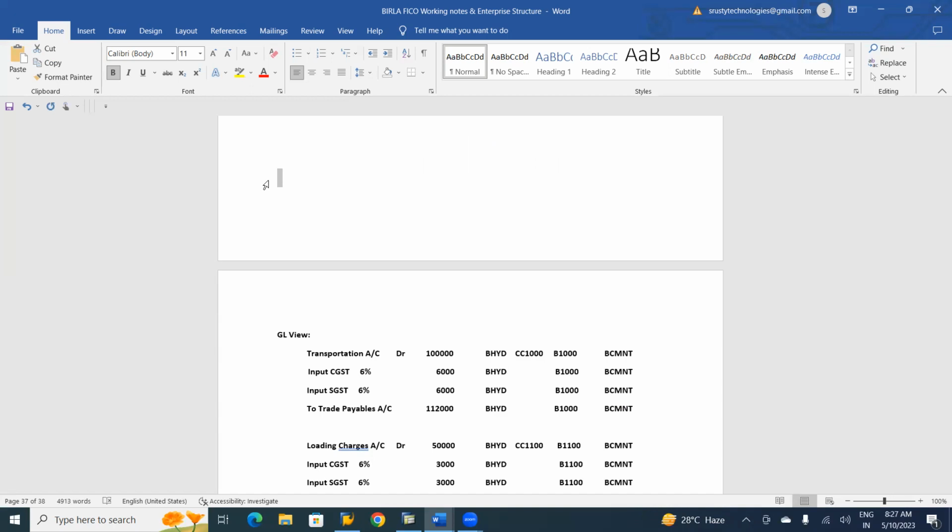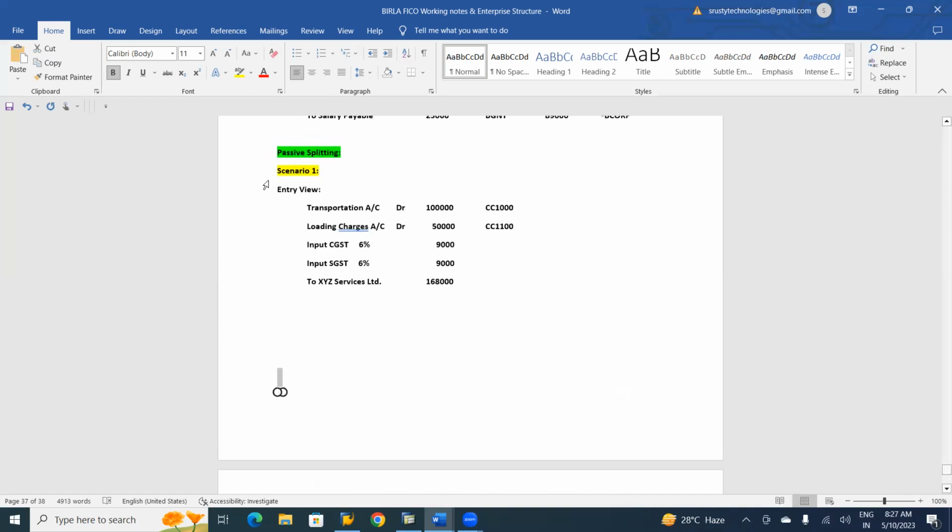Naveen, can you show the entry view? Yeah, sure. Can I put everything on the same screen?